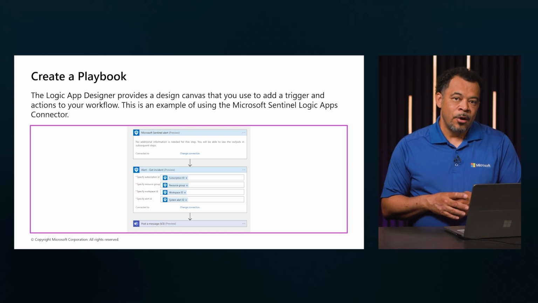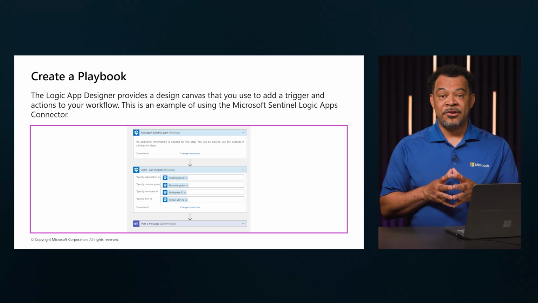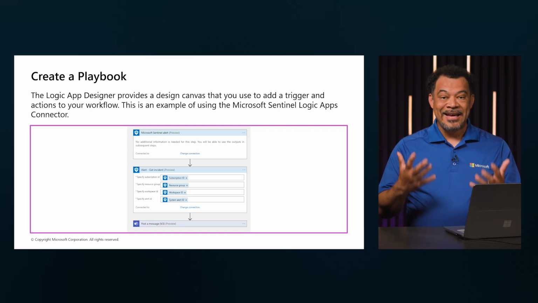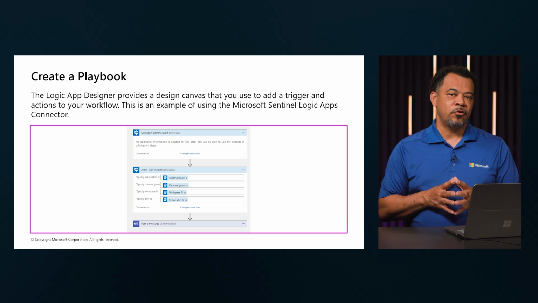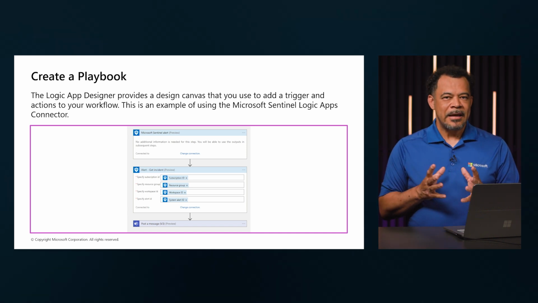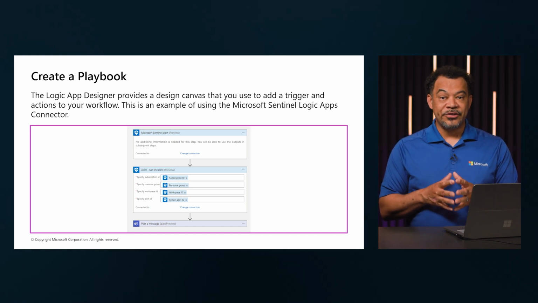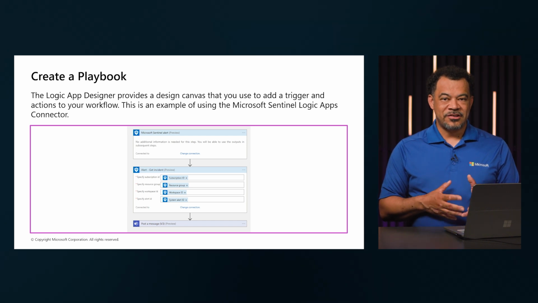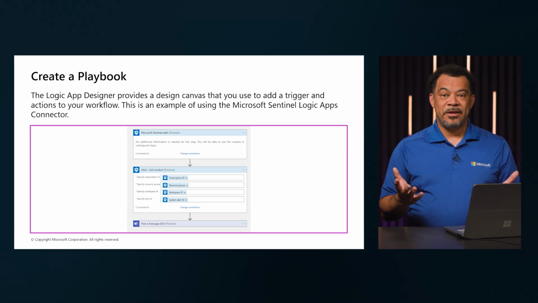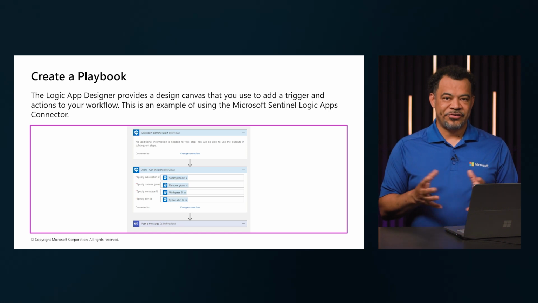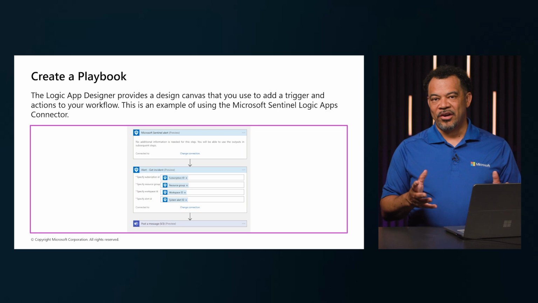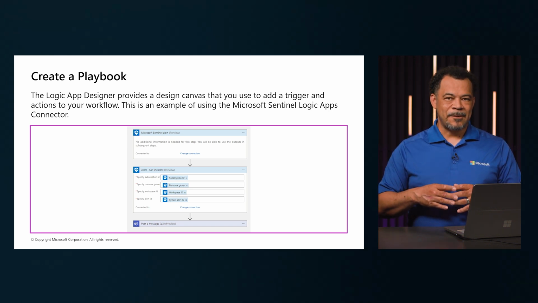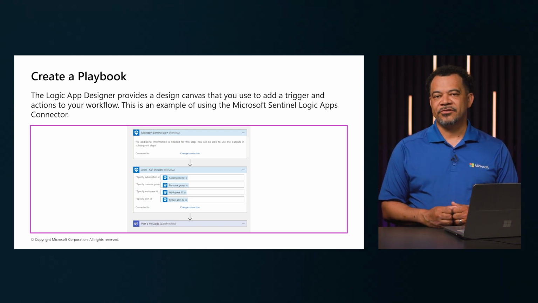The next step retrieves detailed incident information using the Get Incident action, scoped to a specific subscription, resource group, and workspace. And finally, the workflow includes a communication step, such as posting a message which can be used to notify teams or systems. This setup demonstrates how seamlessly Sentinel integrates with Logic Apps to support your automated incident response needs.